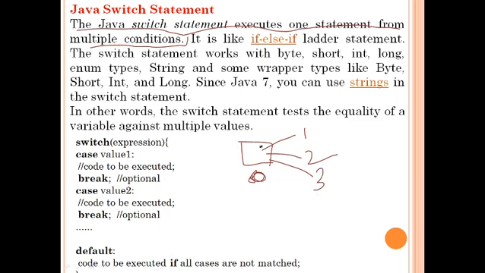But at the same time, only one value can be stored here. That is the property of a variable: at a time, only one value can be stored. So either 1, 2, or 3 will be stored. If you store 1 and again store 2, then 1 will be removed. So at a time, only one condition will match. Either it will be 1, 2, or 3.